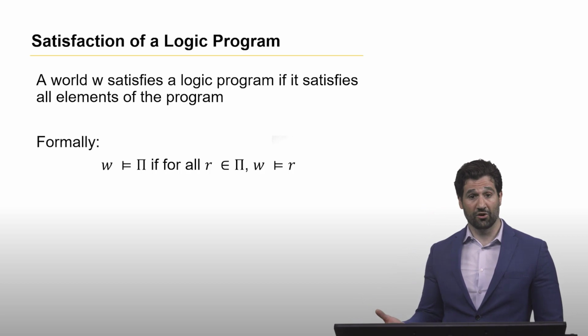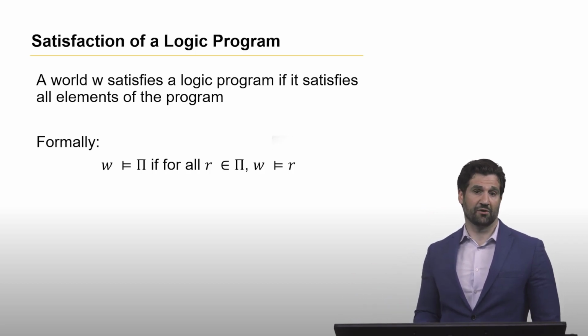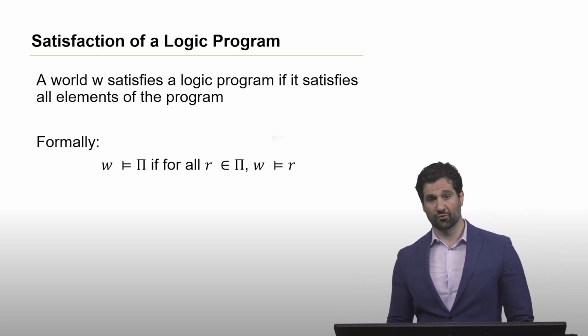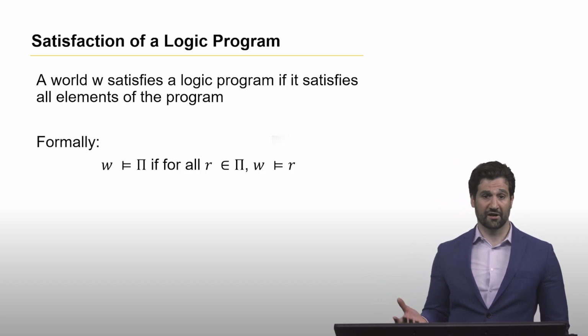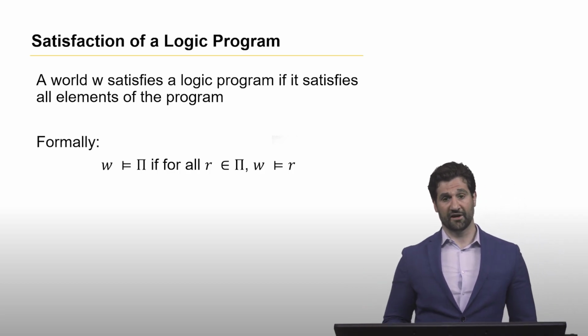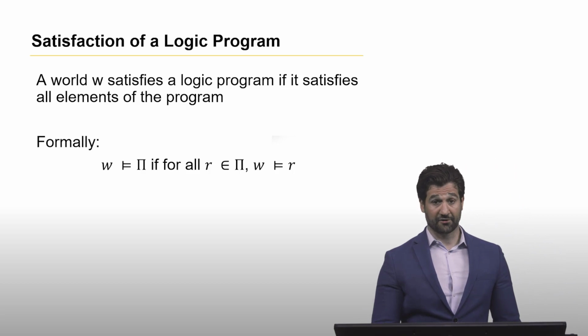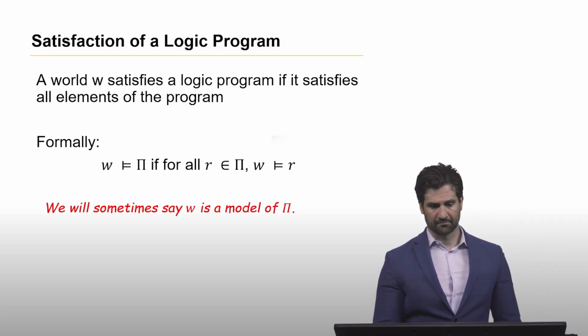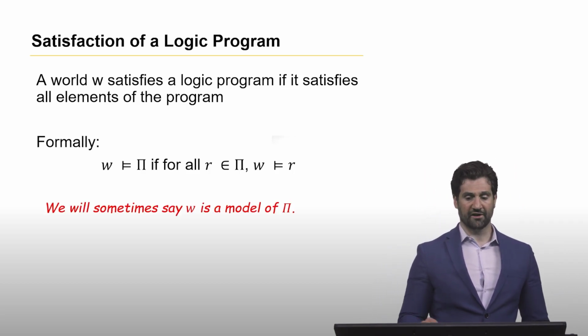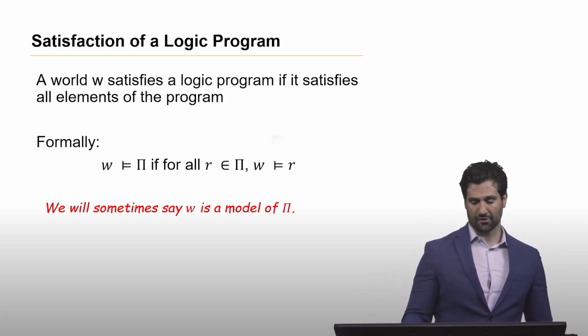Well, we say a world satisfies that logic program if for all the rules and facts for that matter in the logic program, the world satisfies each of them. So that's pretty straightforward. And if a world satisfies a program, we say it is a model of that program.